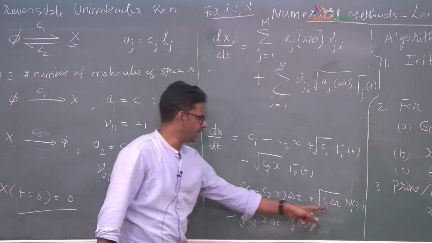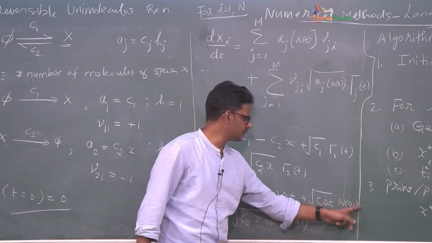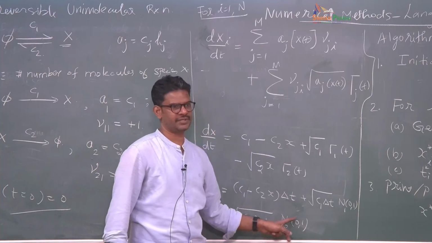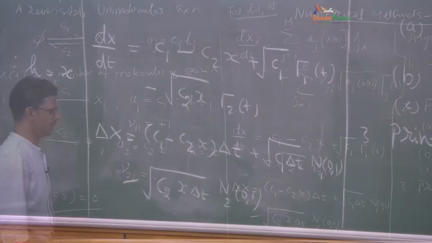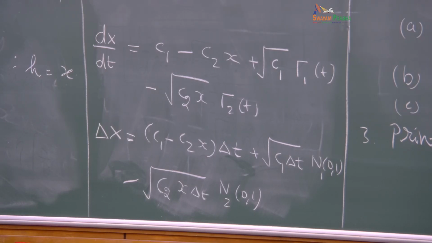I have put here n1 and n2 because n1 is for the first reaction and n2 for the second reaction. Basically, they are a pair of normal random variables with 0 mean and 1 variance respectively.